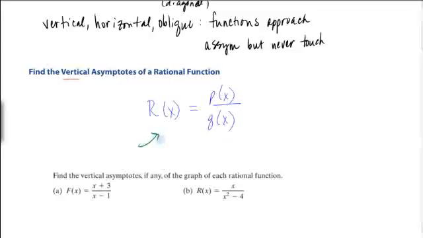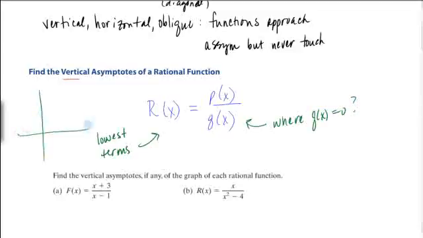Whatever our function, our fraction is, we want to reduce it and put it in its lowest terms. And once it's in its lowest terms, we then want to determine where the denominator, q of x, would be equal to 0.